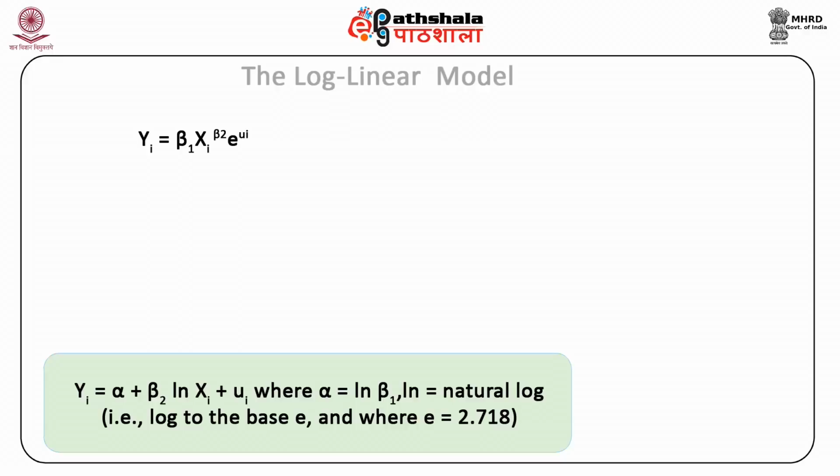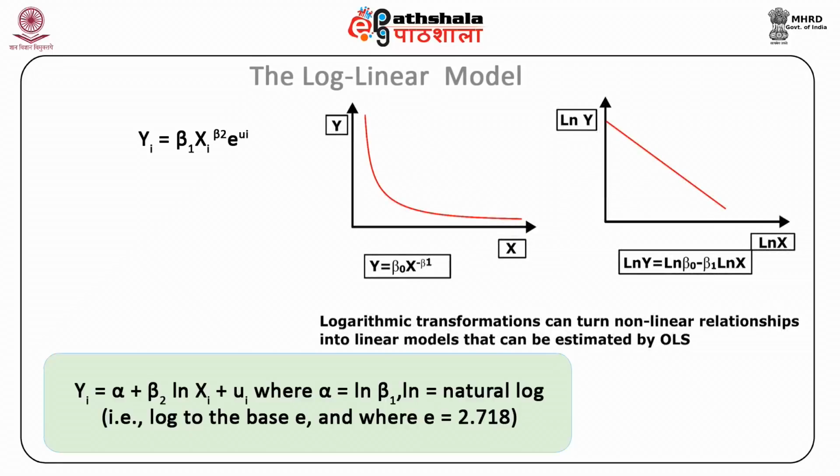Ln is nothing but the natural log, which is log to the base e, and e is equal to 2.718. We can write this model as linear in the parameters alpha and beta 2, linear in the logarithms of the variables y and x, and it can be estimated by OLS regression. Because of this linearity, these models are called log-log, double-log, or log-linear models.